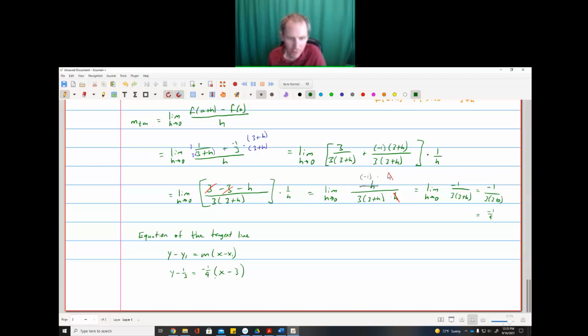I'm going to distribute the negative 1/9. So I have negative 1/9 x. Negative 1/9 times a negative 3 is going to be a positive, and 1/9 times 3 is 1/3. Okay, now I add 1/3 to both sides.